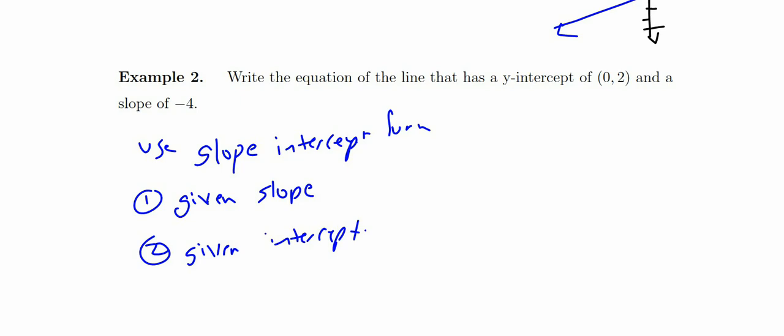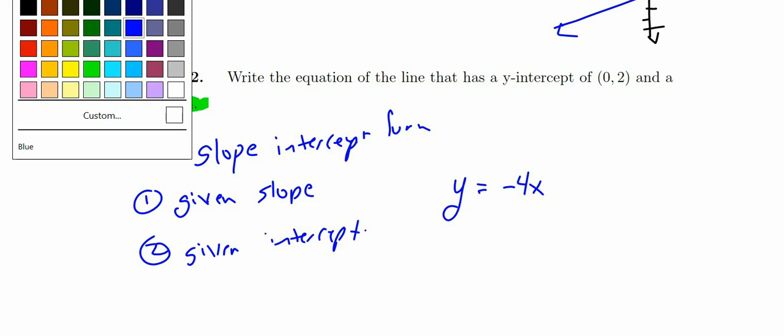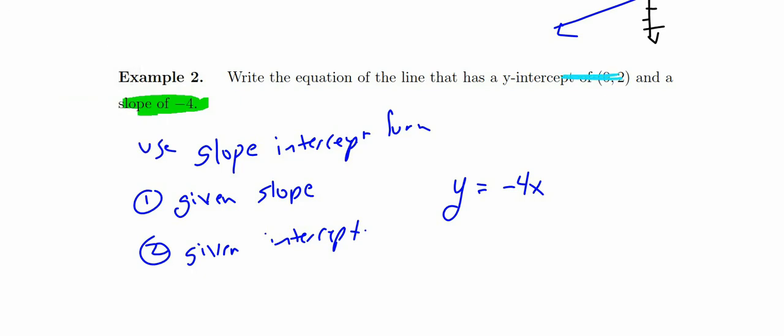But it's just almost a fill-in-the-blank. Here it tells us the slope is -4, so I know that goes in front of the x. That's the coefficient. And it tells me the y-intercept is the point (0, 2), so that's going to be a plus 2.